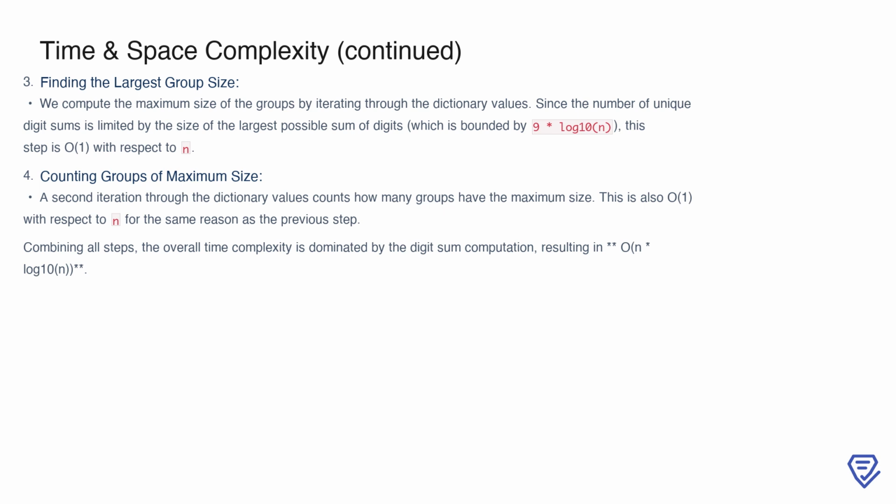Similarly, counting the groups that have the maximum size involves another iteration through these dictionary values. Since the number of unique digit sums remains bounded, this step is also O(1). When we combine all these steps, the digit sum computation dominates the overall time complexity. Therefore, the total time complexity for the solution is O(n * log10 n).